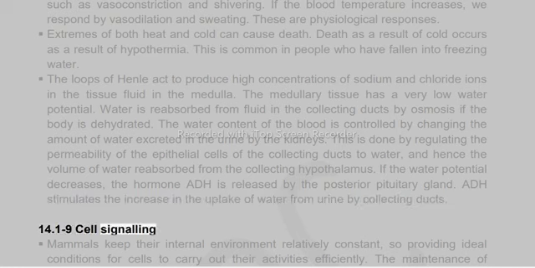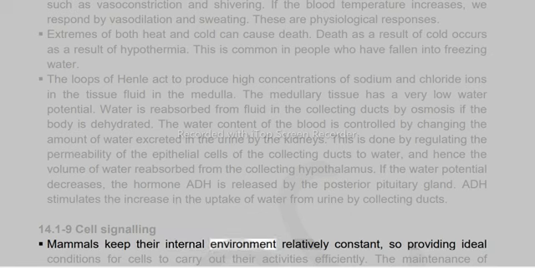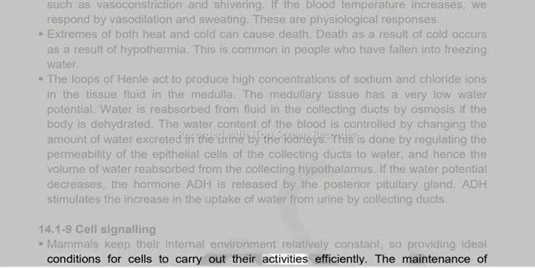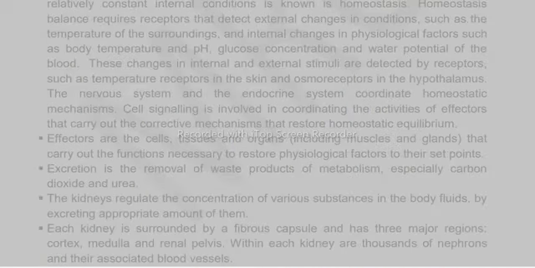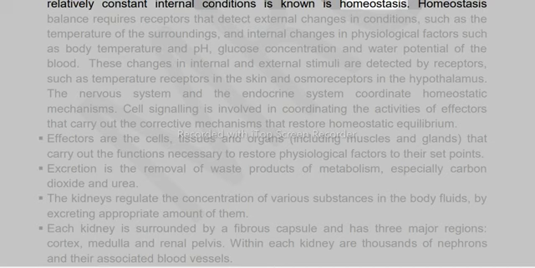14.1 to 9 Cell signaling. Mammals keep their internal environment relatively constant, so providing ideal conditions for cells to carry out their activities efficiently. The maintenance of relatively constant internal conditions is known as homeostasis.